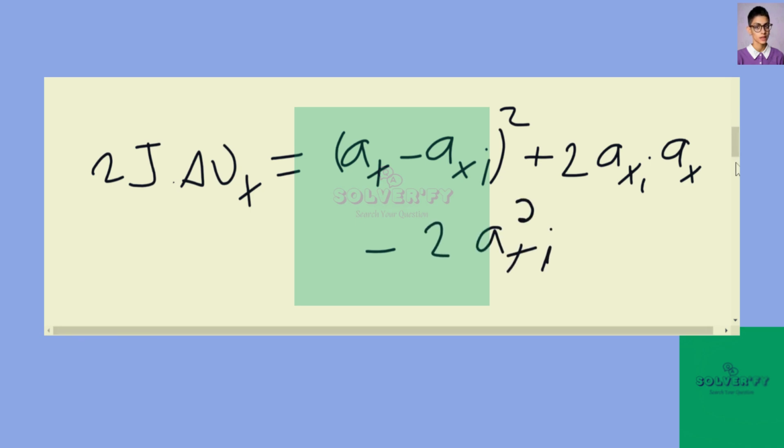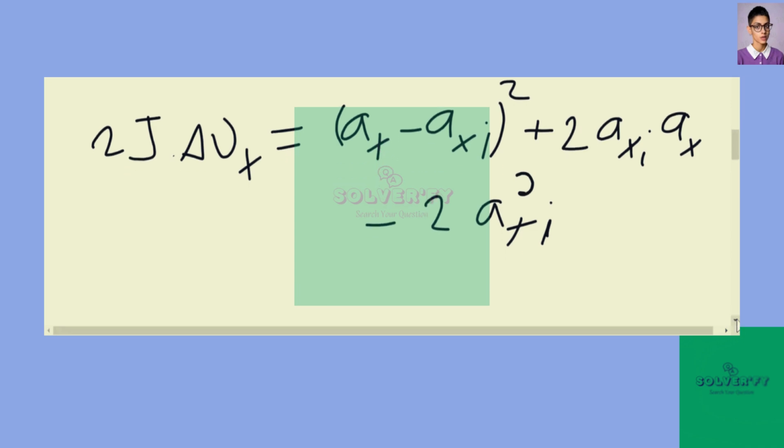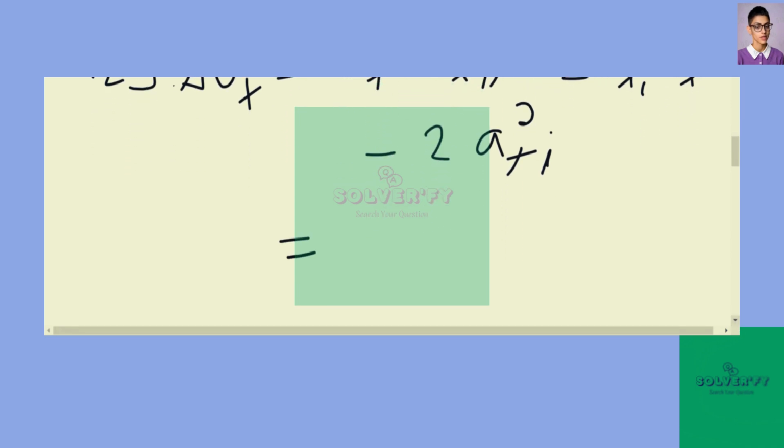If you expand the square difference, you will get the result ax squared minus ax initial squared, which is the answer that we're after.